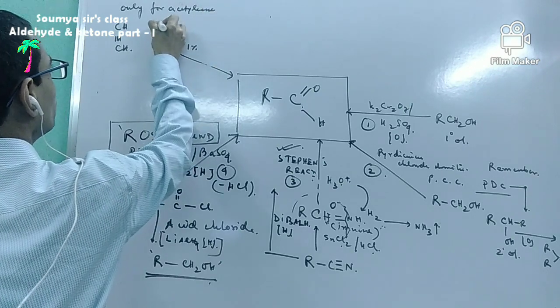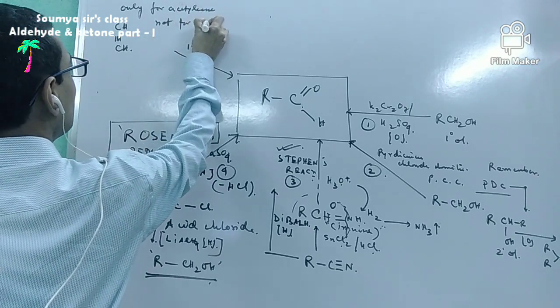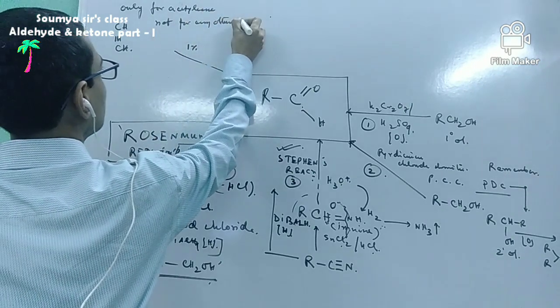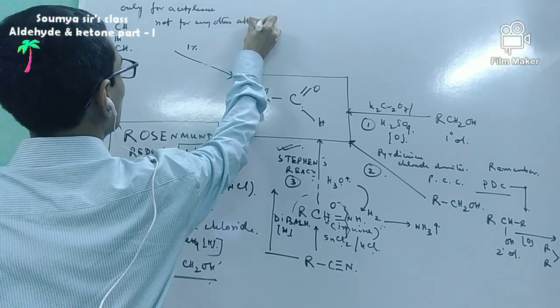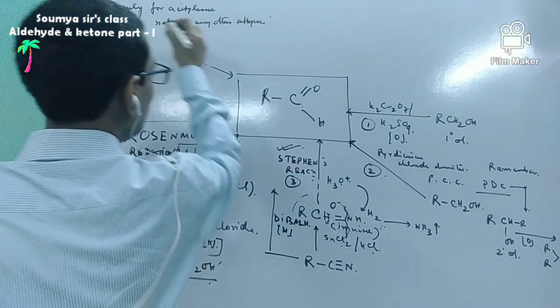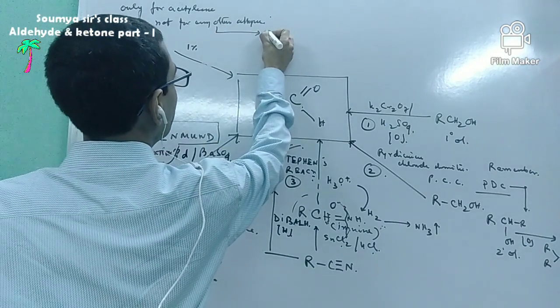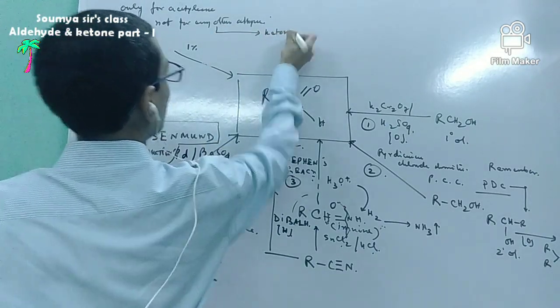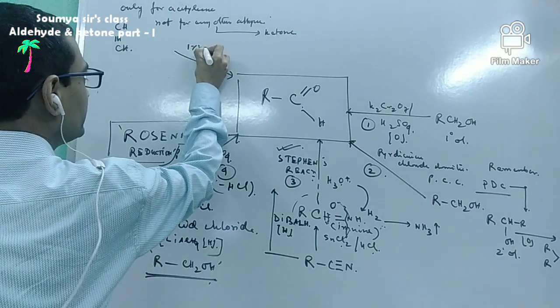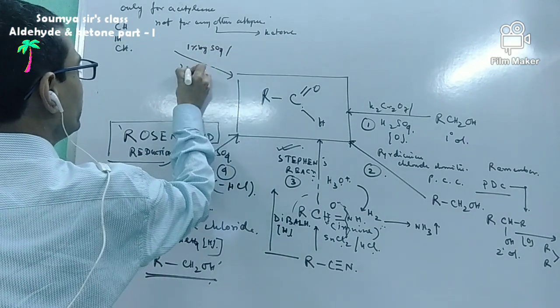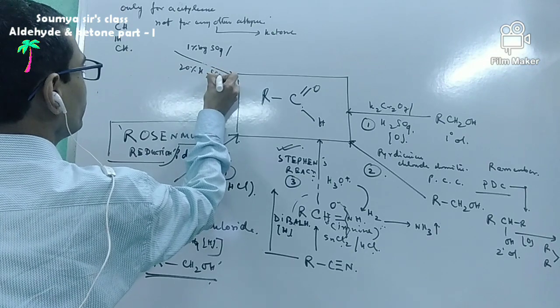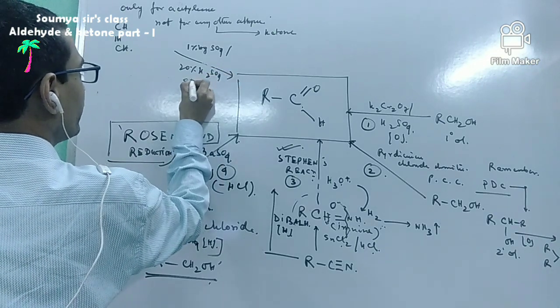So the rule is acetylene will give rise to aldehyde, but any other alkyne will lead to ketone by Kucherov. So 1% HgSO4, 20% H2SO4 at 70 to 80 degrees centigrade, in presence of water will lead to aldehyde.